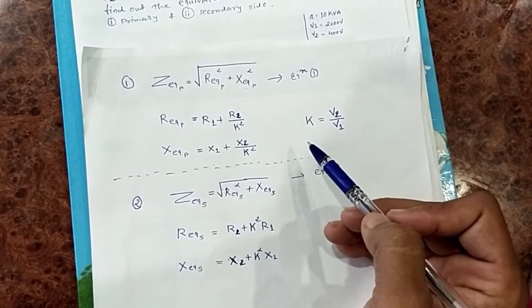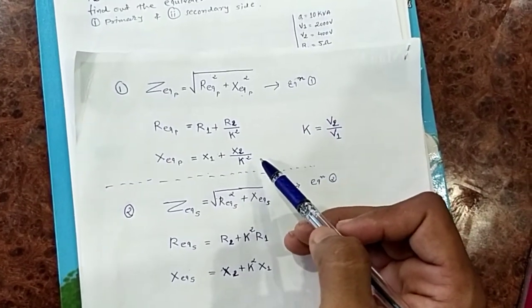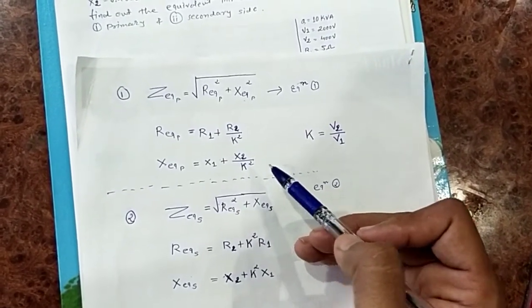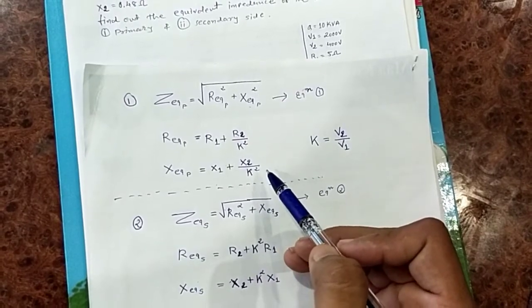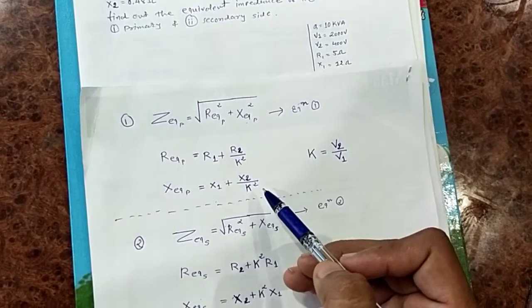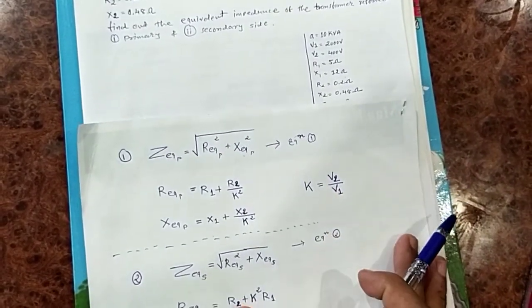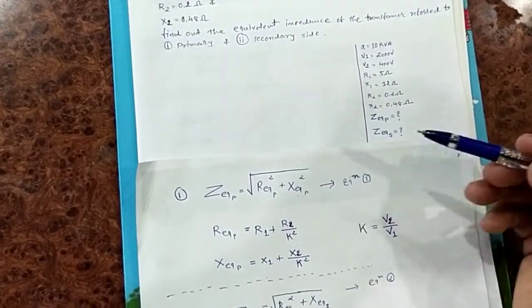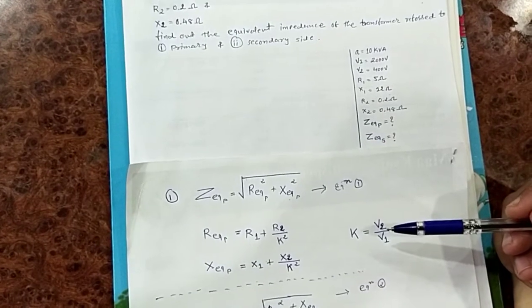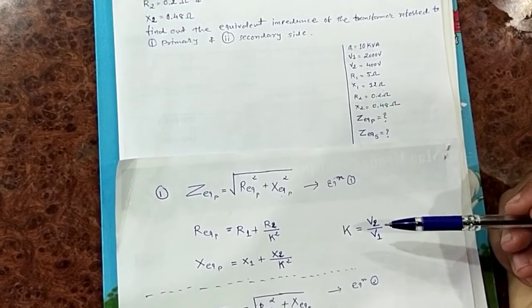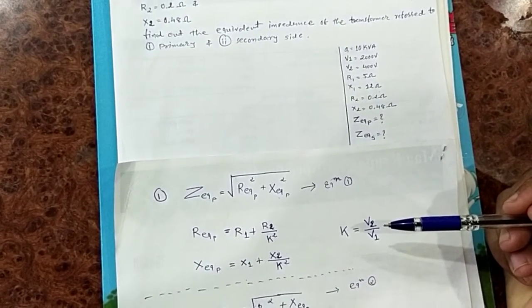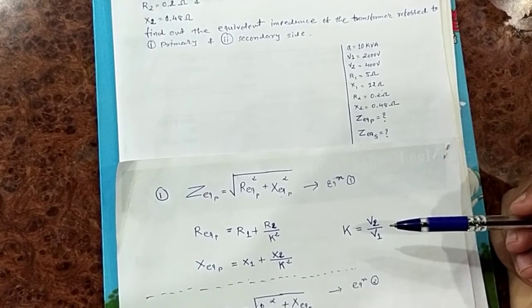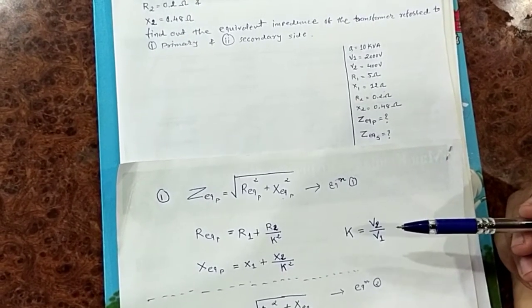Now, before we start to solve the first part of our example, calculate K, which is given in our data. Here K is nothing but the transformation ratio, the ratio of two voltages, secondary by primary.